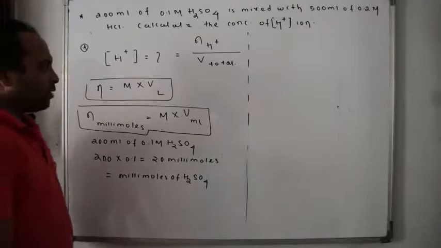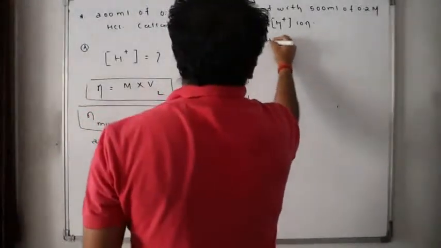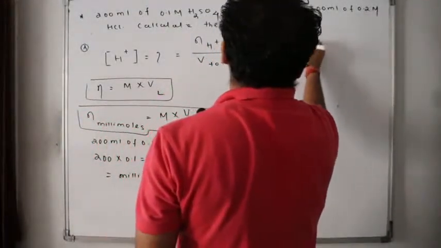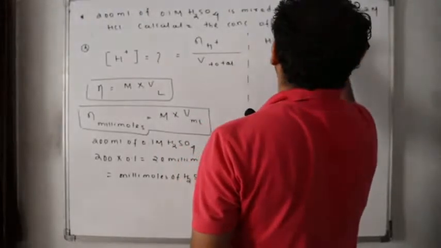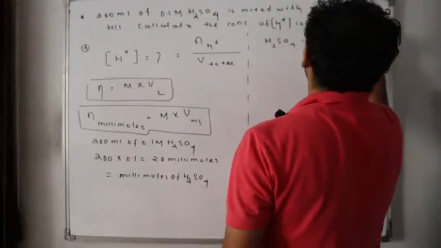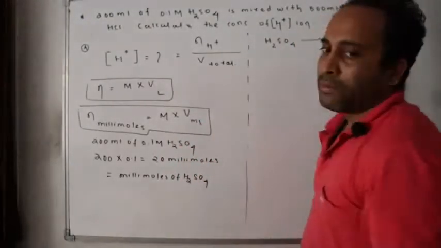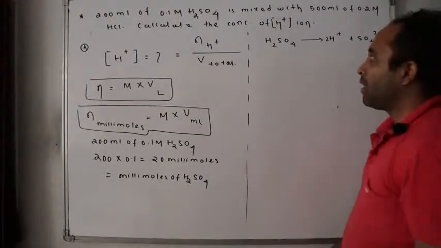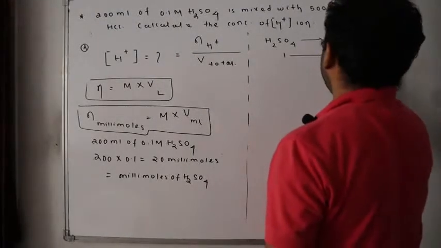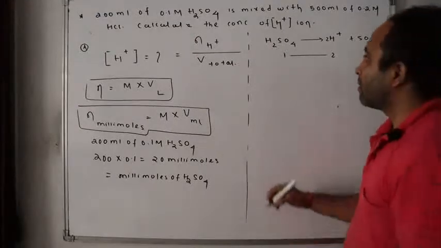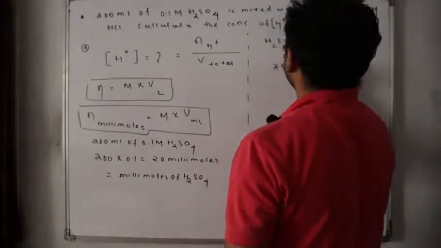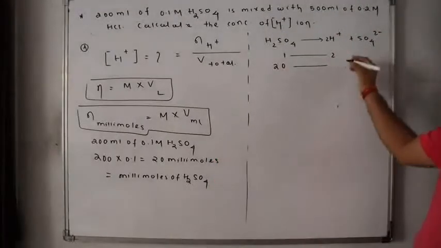Yes or no? Now, do you agree that H2SO4 breaks down to give 2H plus and SO4 2 minus? Yes or no? Now, 1 mole gives 2 moles of H plus. Yes or no? So, 20 millimoles will give what?